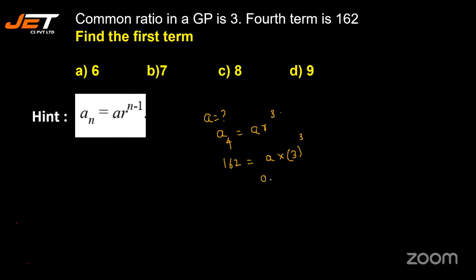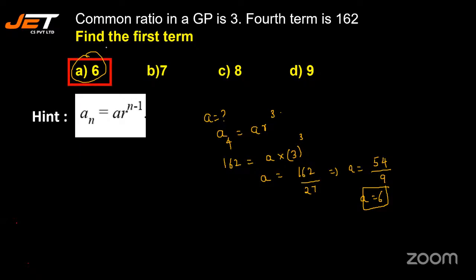So a is equal to 162 by 27. 3 9s are 27, 3 5s are 15, 3 4s are 12. So 9 6s are 54, isn't it? So your answer must be option 1, that is 6.